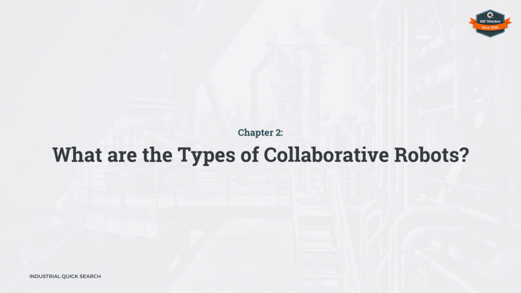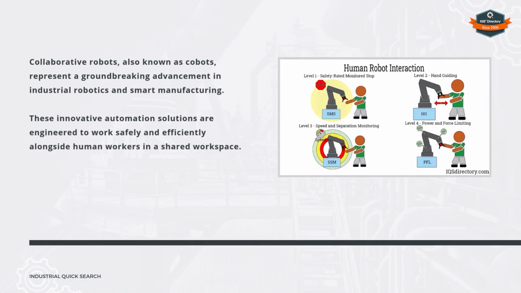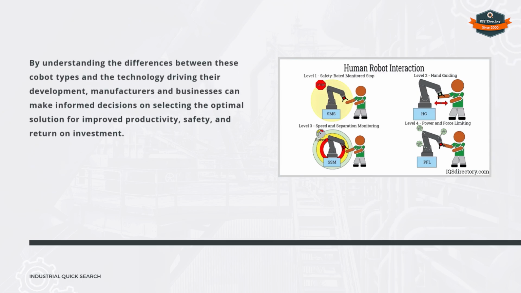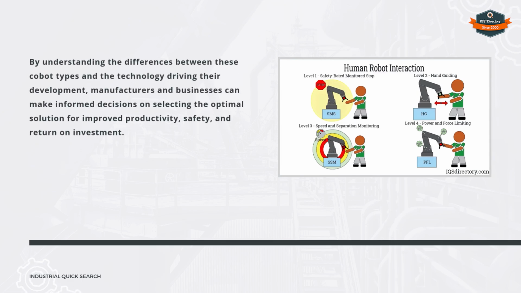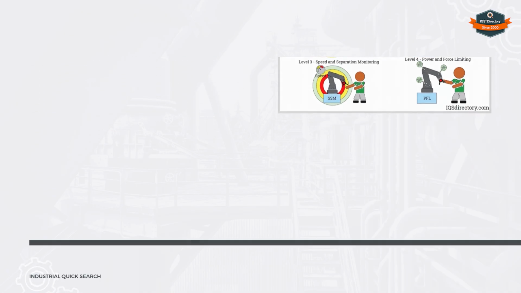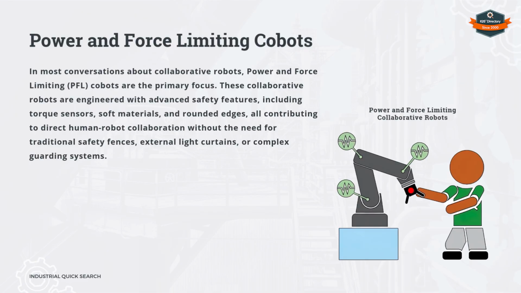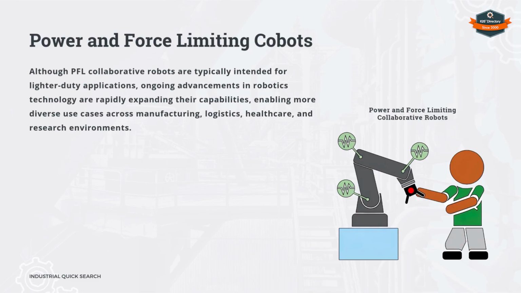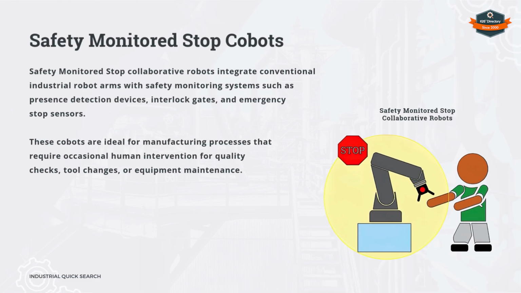Chapter 2. What are the types of collaborative robots? Power and force limiting cobots. Safety monitored stop cobots.